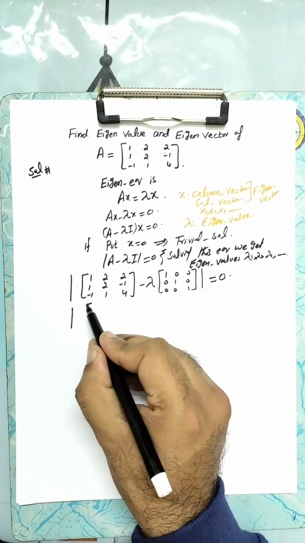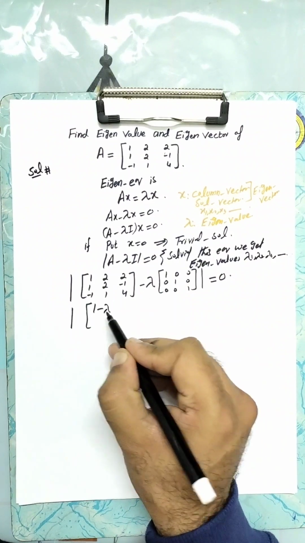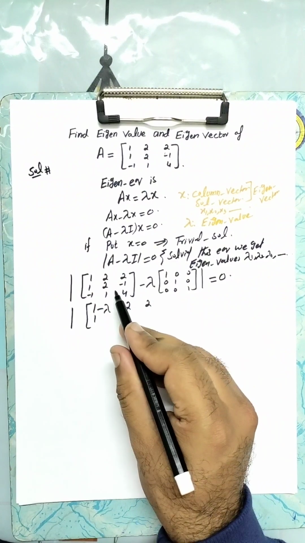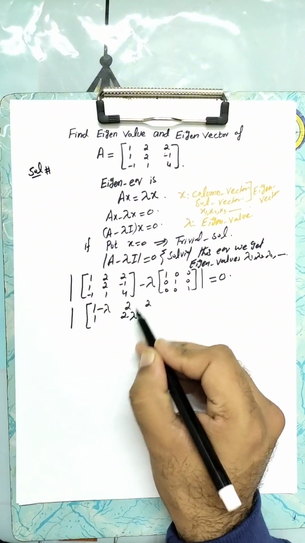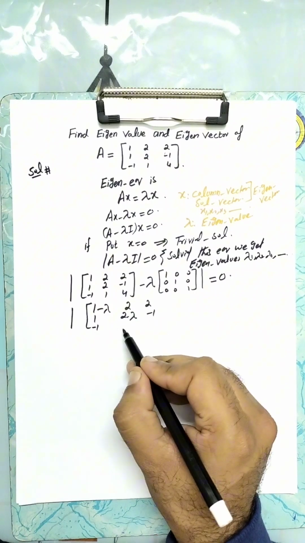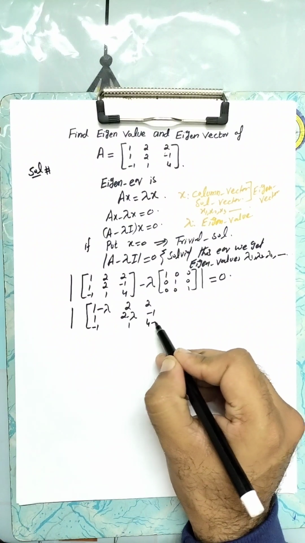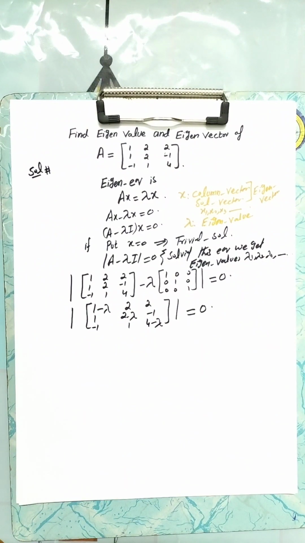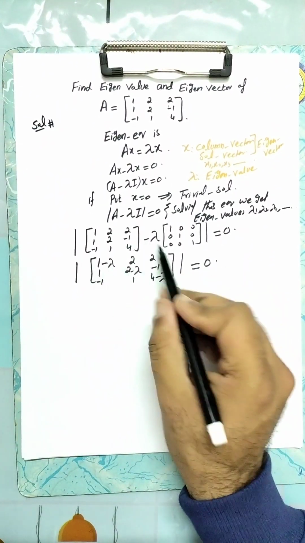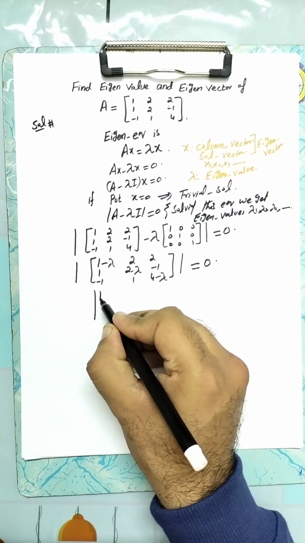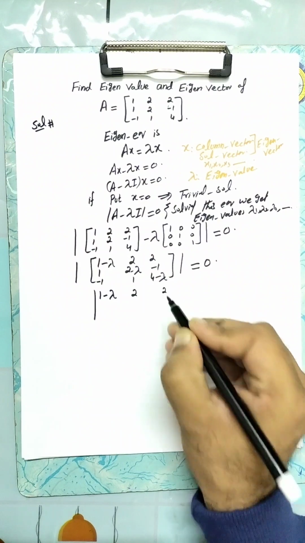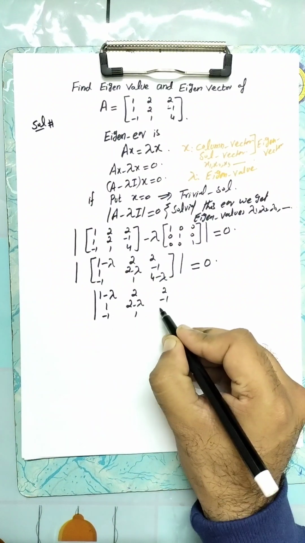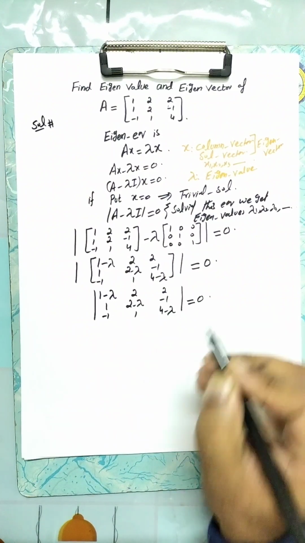So this becomes the matrix with rows 1 minus lambda, 2, 2; 1, 2 minus lambda, minus 1; minus 1, 1, 4 minus lambda, and its determinant is equal to 0.